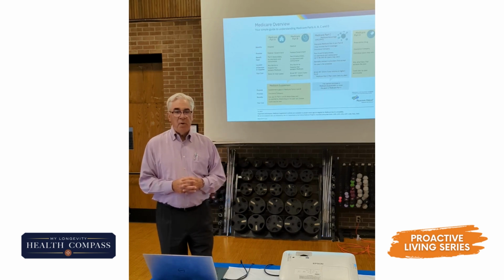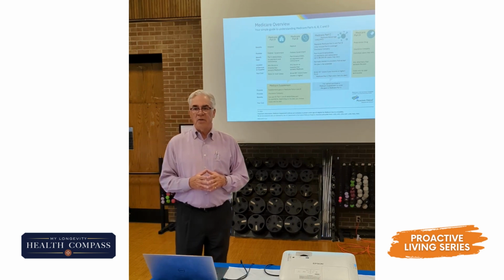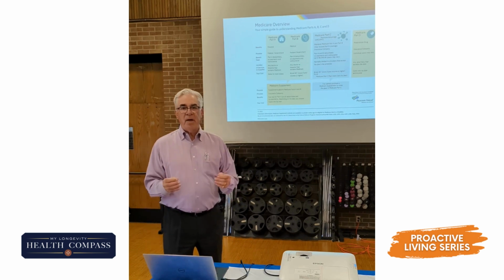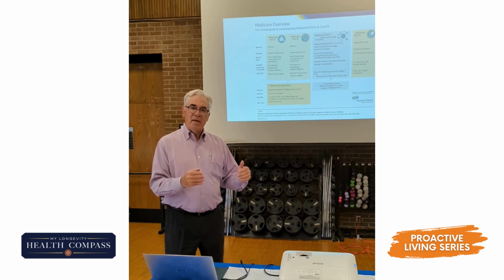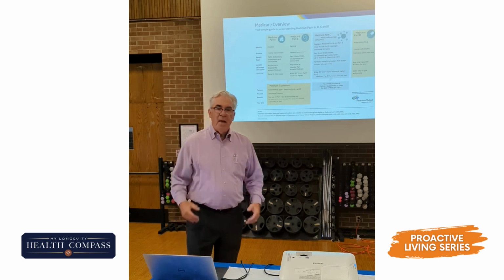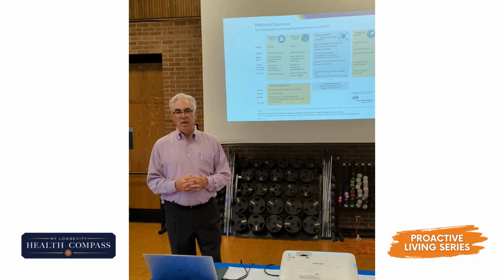With Part B, unlike Part A, Medicare is going to charge a premium, and that premium starts at $164.90 per month. That applies to individuals based on their filed income: if they file individually, it's $97,000 or less, and if they file jointly, $194,000 or less.